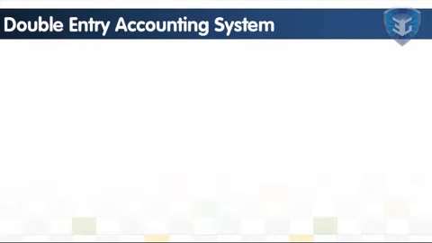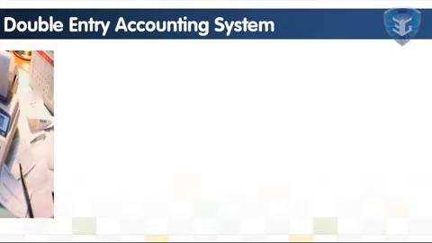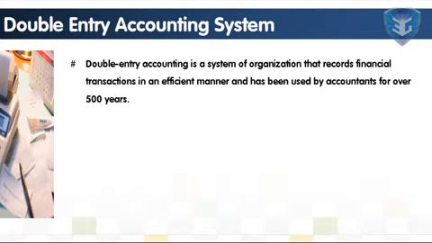Accounting System 2. The double-entry accounting system. Double-entry accounting is a system of organization that records financial transactions in an efficient manner and has been used by accountants for over 500 years.